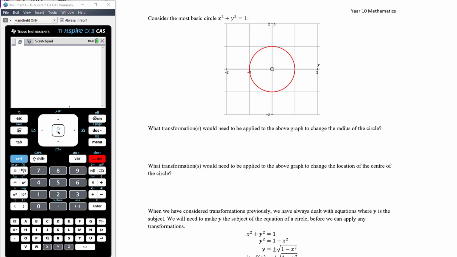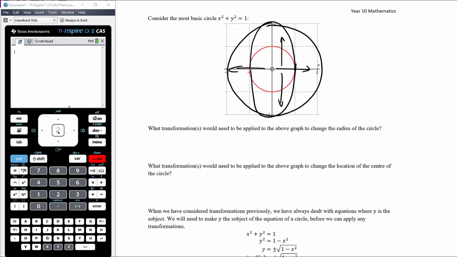Now obviously it's going to be about dilation. So if we were to dilate from the x-axis, we would stretch, but our graph wouldn't stay as a circle, okay? So we would also then need to dilate from the y-axis as well to keep the circle.